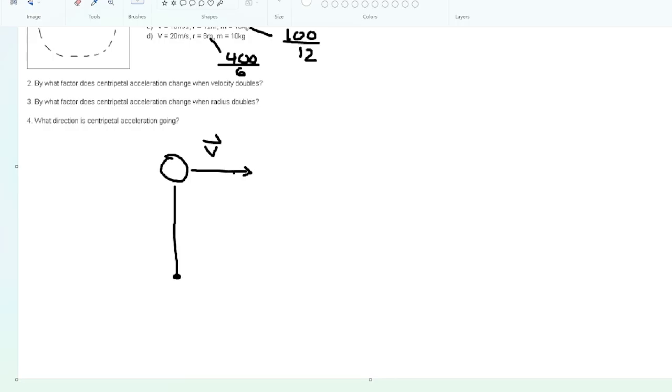The velocity is constant, but there's a change in the direction. And if you can imagine, we have to keep on changing the velocity like this, like so, in order to change its direction.